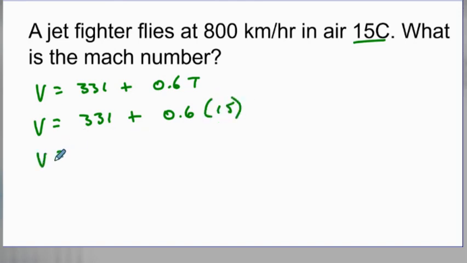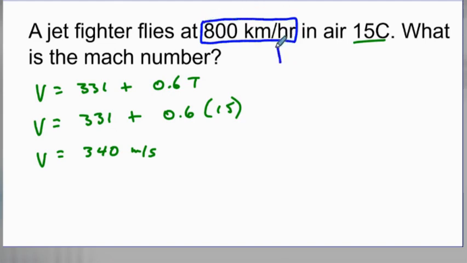And now I find that my speed of sound here is going to be 340 meters per second. Okay. Now, part two to this question is how fast my fighter jet is traveling.